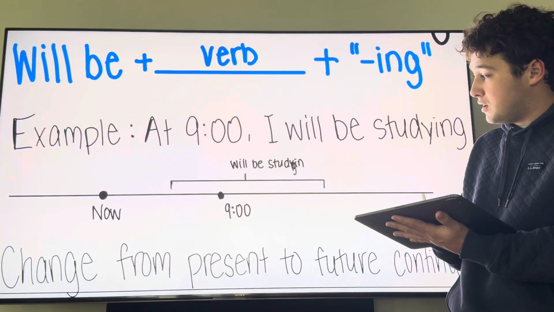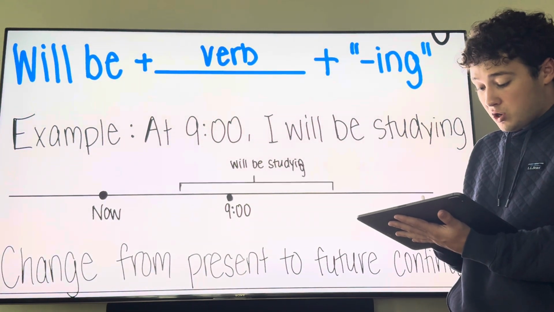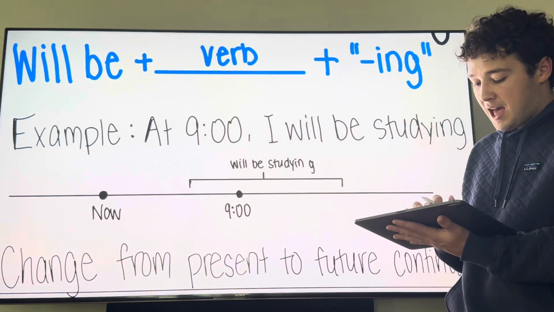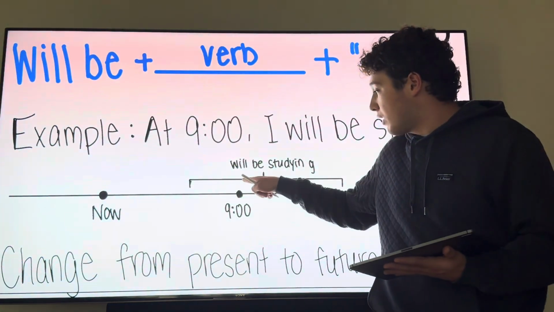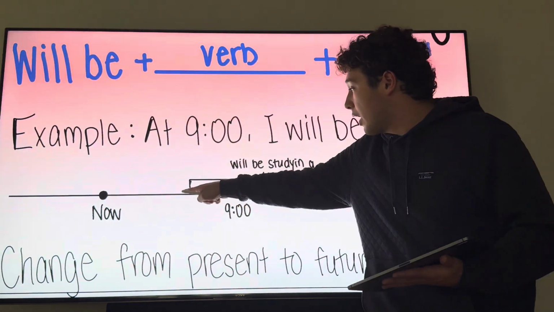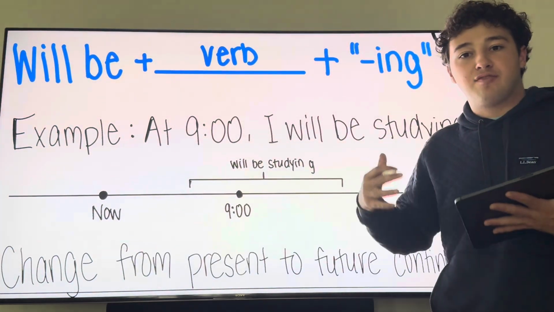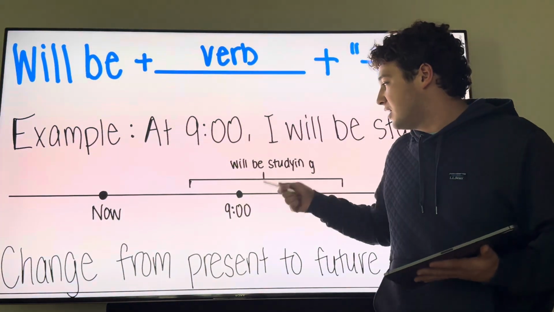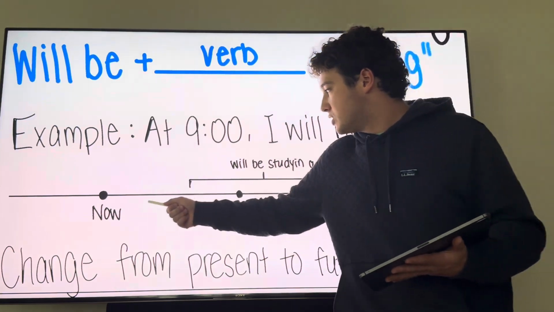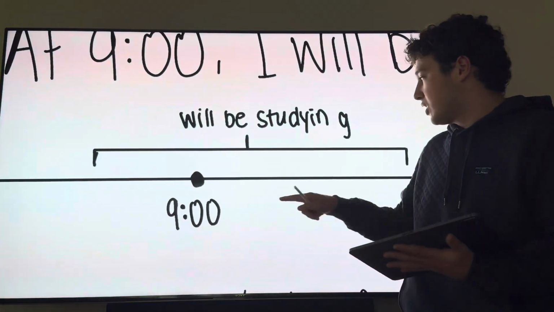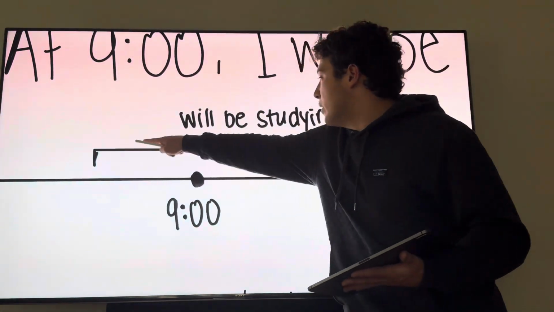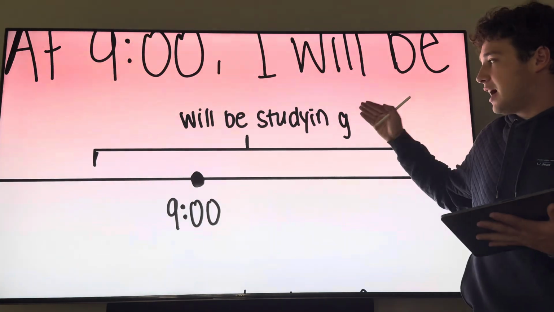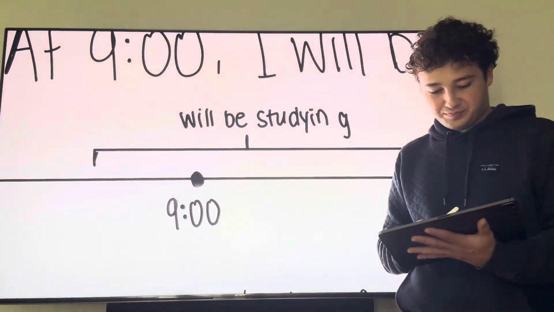It could also be like that. So it could start at 9 and continue, or it could end at 9, but you have to be doing the action of studying at 9 o'clock. So at 9 o'clock, I will be studying.